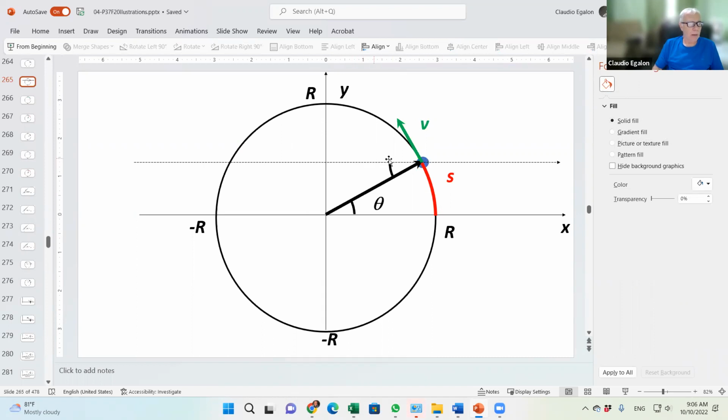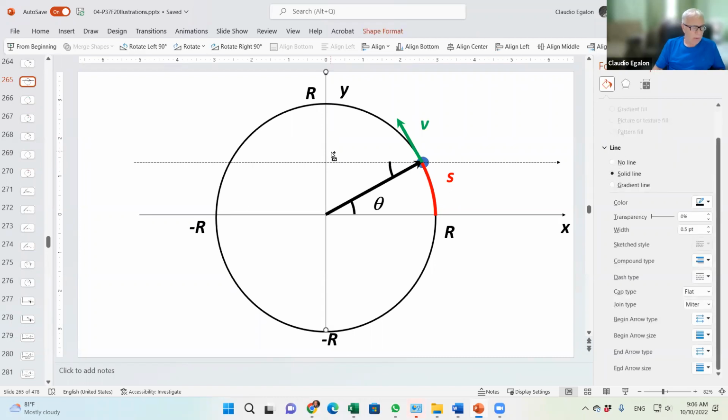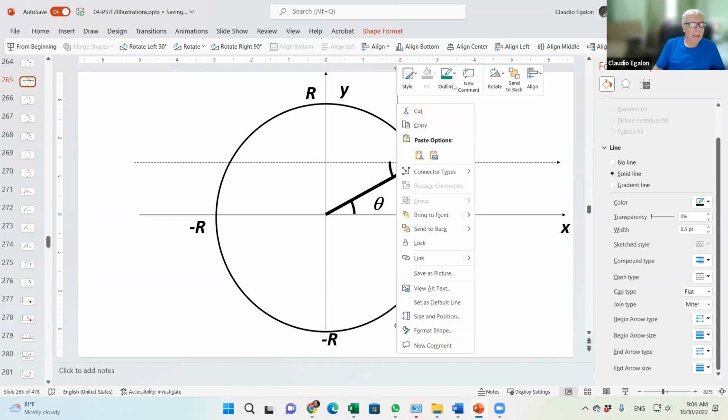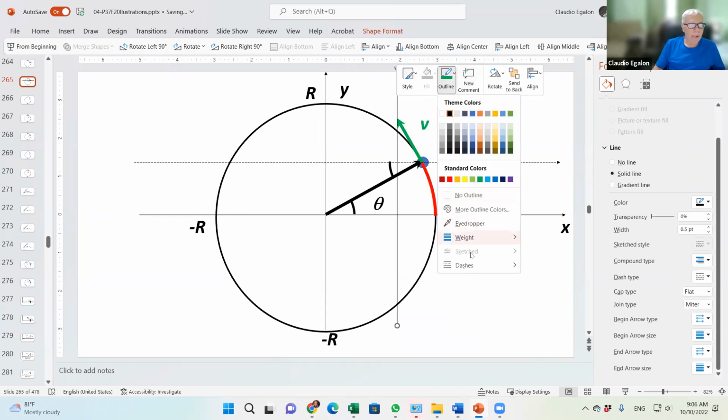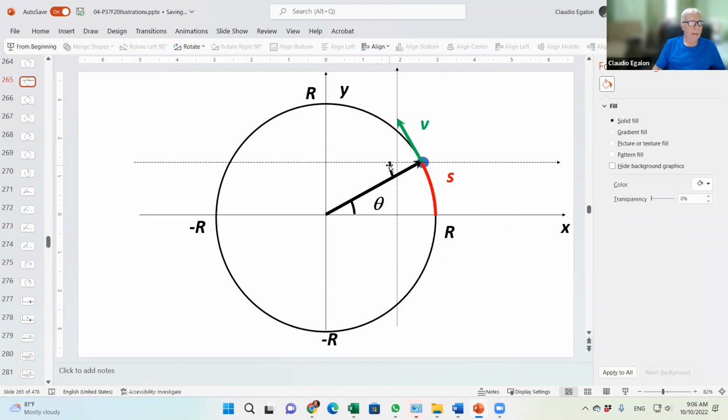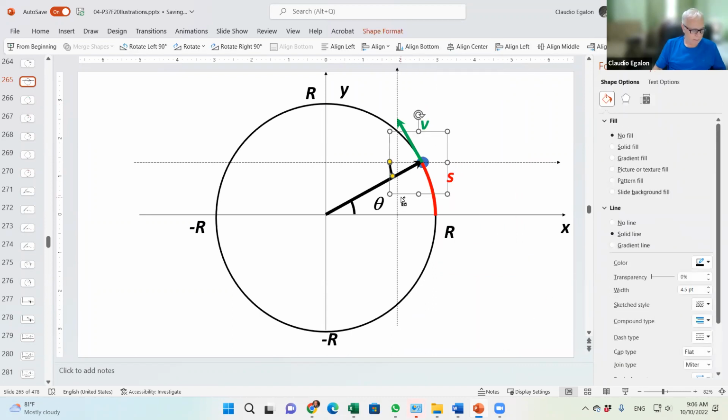If this angle here is theta, it means that this angle here is going to be 90 minus theta. If this angle is 90 minus theta, then this other angle with the y-axis is going to be theta. Okay, and then I'm going to put another theta in there.